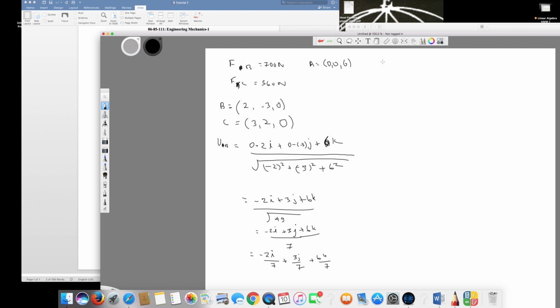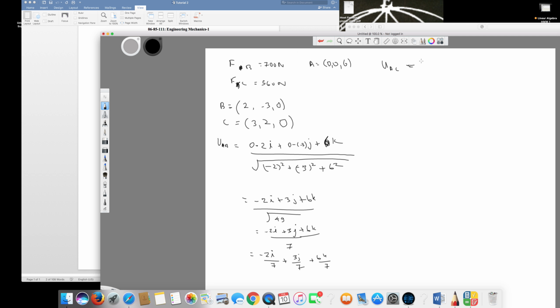now I have to find the UAC. So I have to subtract C from A, and then take the square root of the whole values.